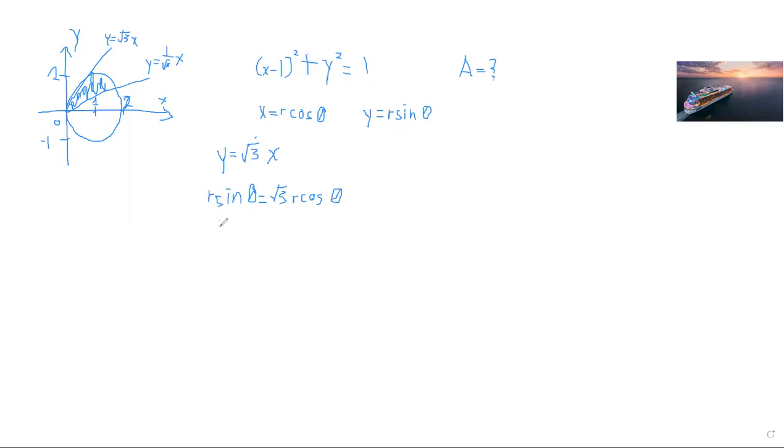When you do that, you're left with tan theta is equal to the square root of 3. If you were to picture this, we're in the first quadrant here, so only focus from 0 to pi over 2. Theta is pi over 3.